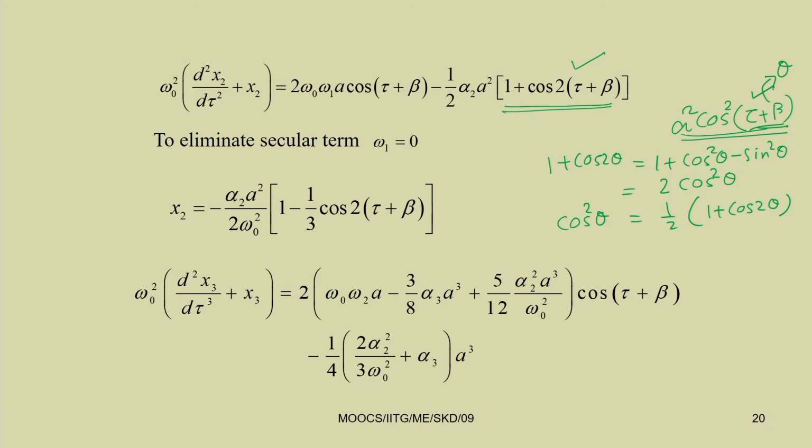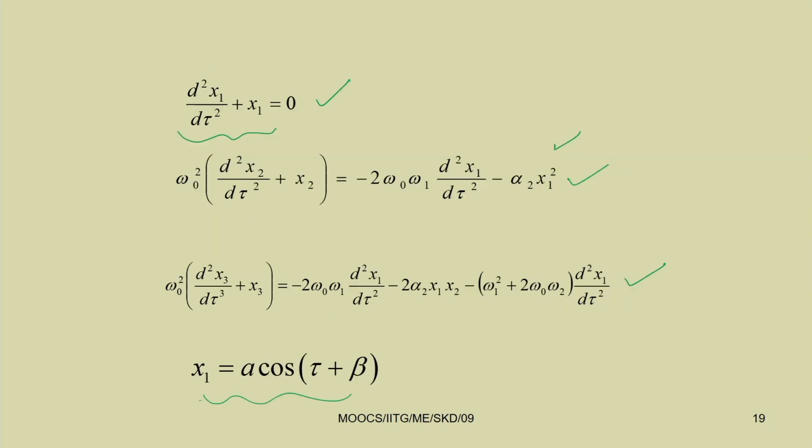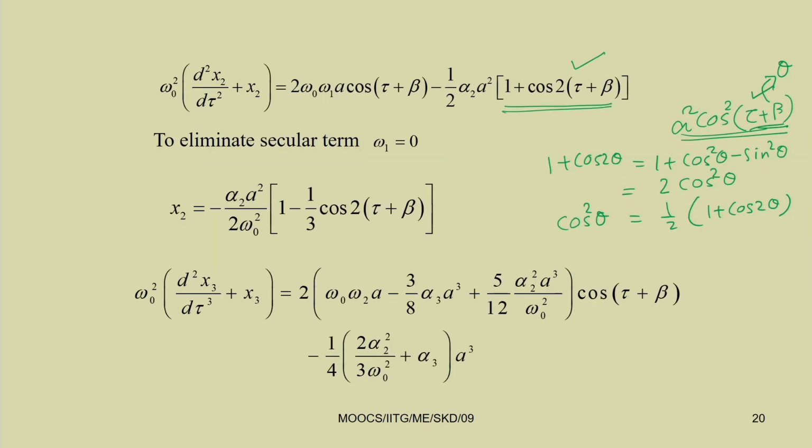Now you can find the particular solution of this equation. It will be 2 omega 0 omega 1 a cos tau plus beta by d square plus 1. This term will lead to a secular term.